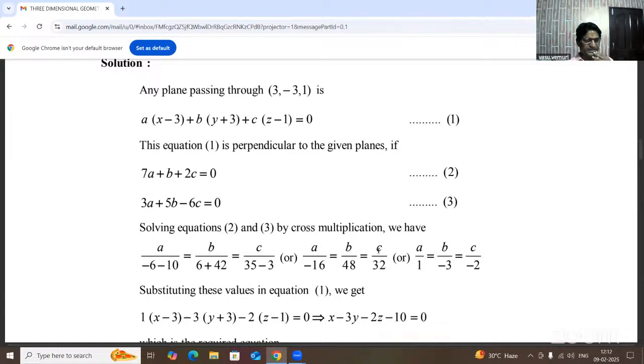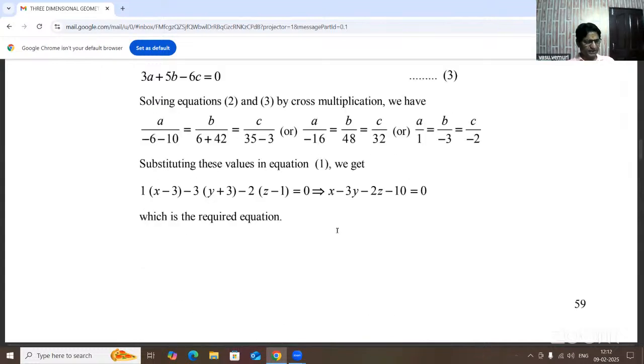After simplification, minus 16 is cancelled and we get the values: A value is 1, B value is minus 3 times, and C value is minus 2 times. Now substituting those values in the first equation, we get the required plane.